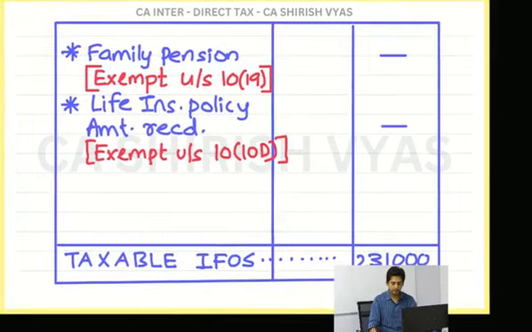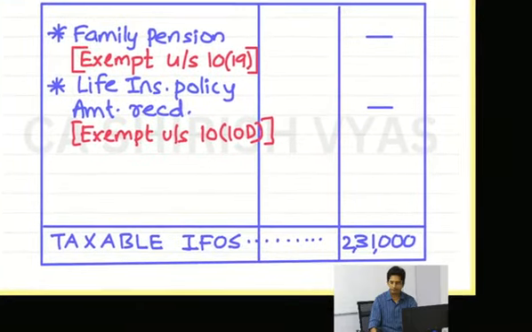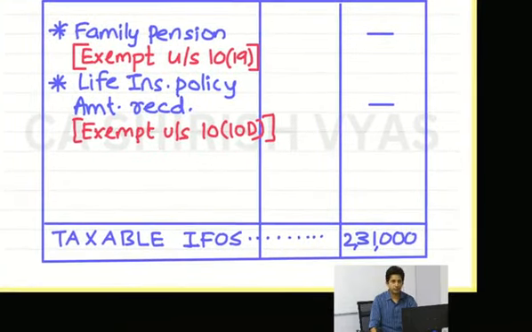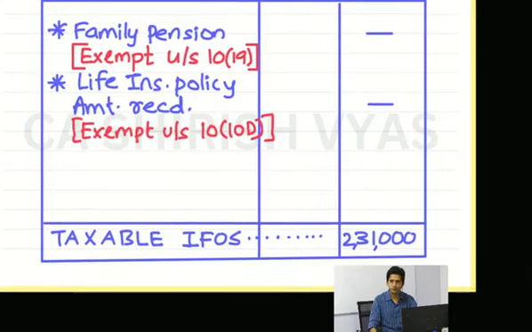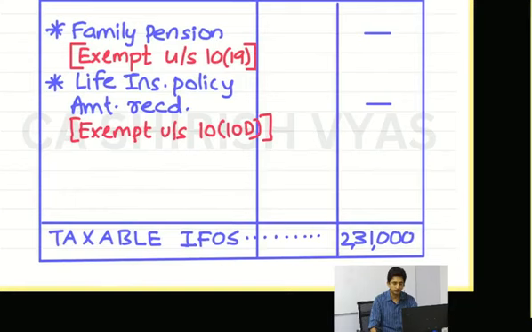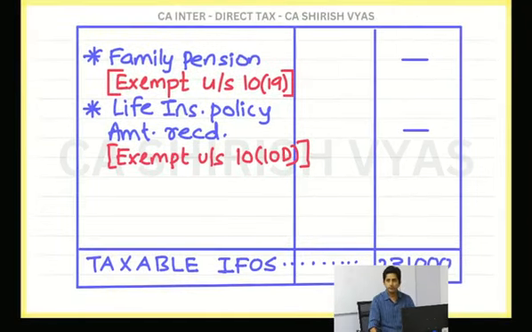Wait, can you see? 2,31,000. What will you write against the total? Taxable IFOS. IFOS means income from other sources. 2,31,000.